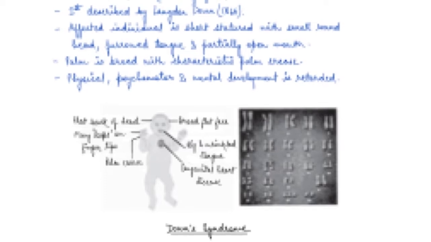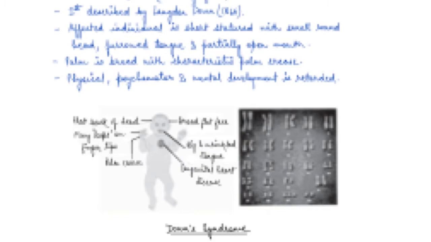If you see the diagram here, you have a flat head, a broad flat face, many loops and a palm crease, a big wrinkled tongue, congenital heart disease, and then physical, psychomotor, and mental retardness, right?